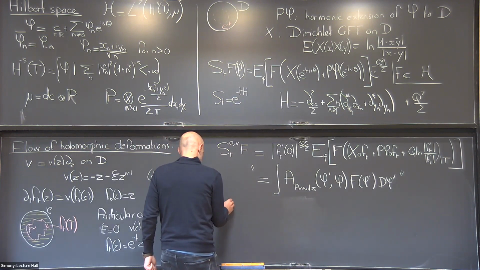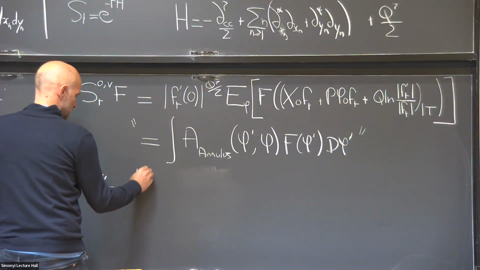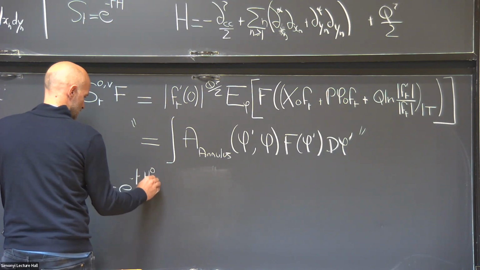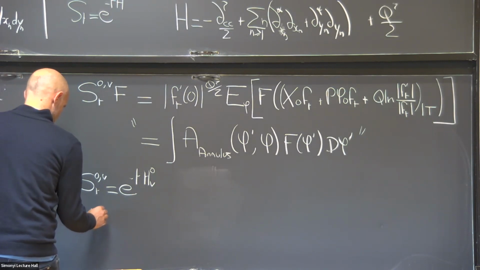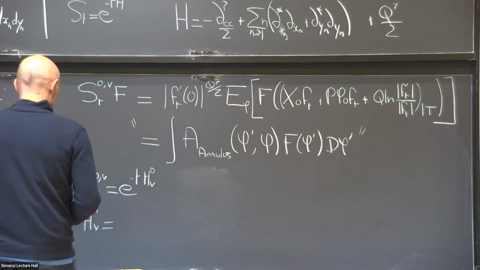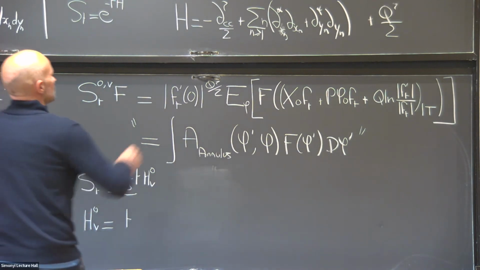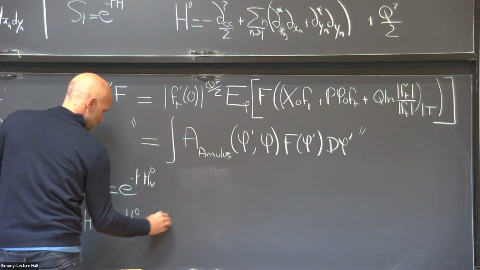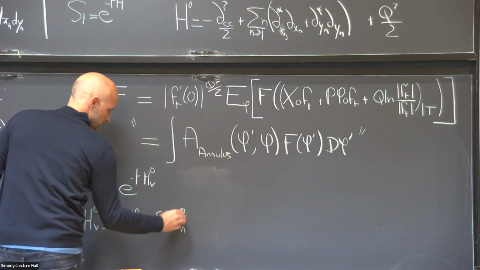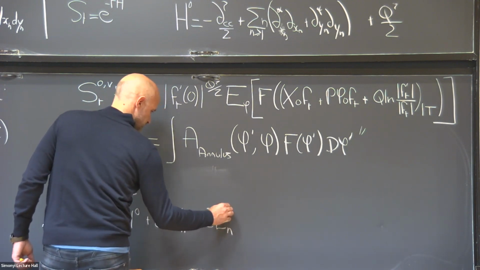So you have a generator, and this generator is equal to H0 plus epsilon times the sum of two operators, okay?